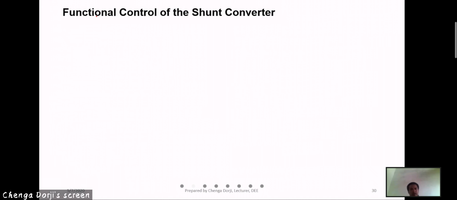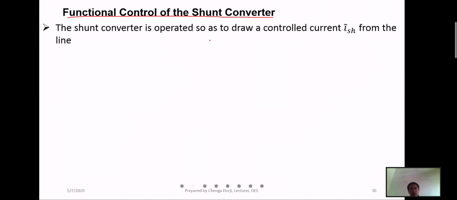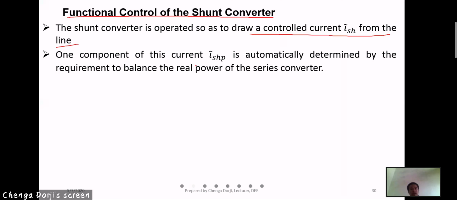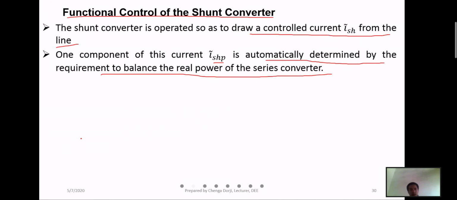Then another one, functional control of the shunt converter. We'll go one by one. The shunt converter is operated so as to draw a controlled current ISH from the line. One component of this current, ISHP, that is the real part, is automatically determined by the requirement to balance the real power of the series converter.